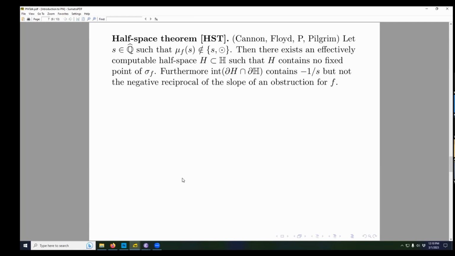Furthermore, let's think about the boundary of this half-space H. Let's intersect this boundary with the boundary of the upper half plane, the circle at infinity, and we get a closed interval.